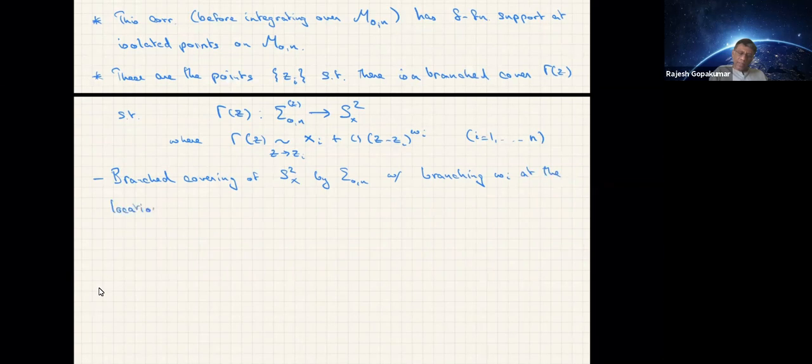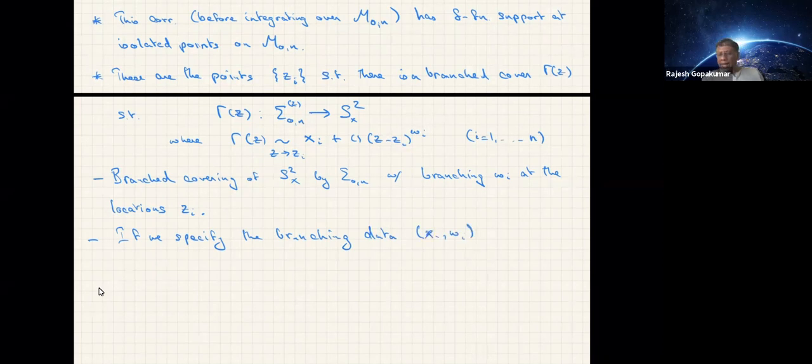So these are the only branch points. I claim that if we specify the branching data, namely the x_i and the w_i.